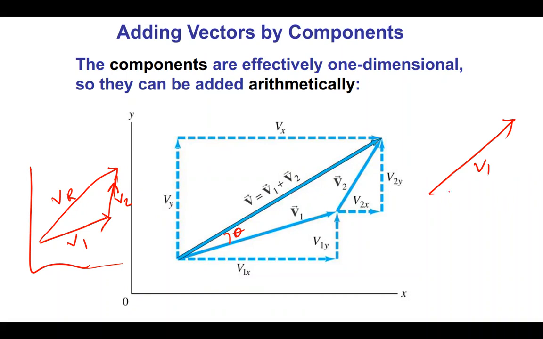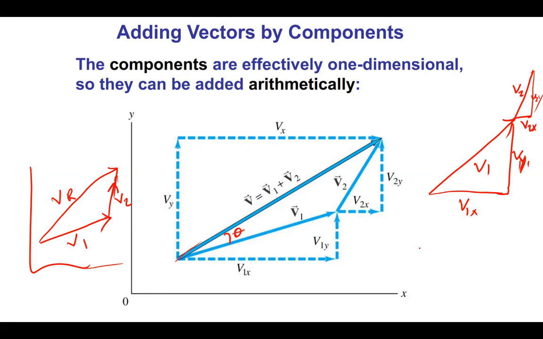I'm going to find the x component of V1, which is V1x, and also the y component of V1, V1y. After that, I'm also supposed to find the x and the y components of V2, so I have V2x and V2y. And then from there, to find the resultant.